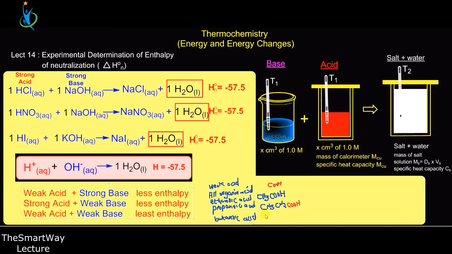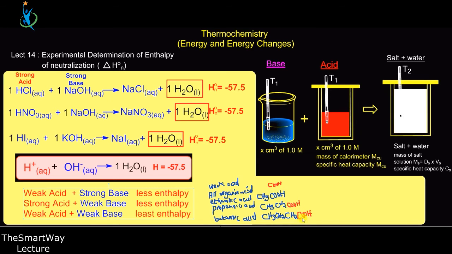Butanoic acid is 4 carbons. So we have the CH3, the CH2, the CH2 again, and then the last carbon taken by the functional group. So all organic acids are weak acids.